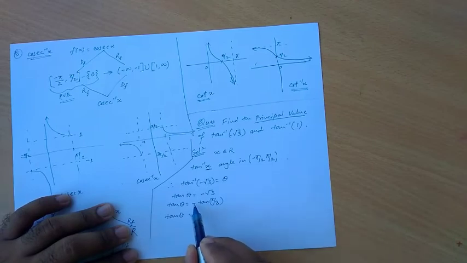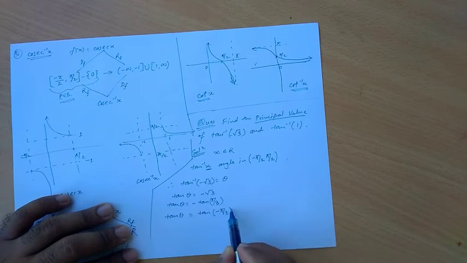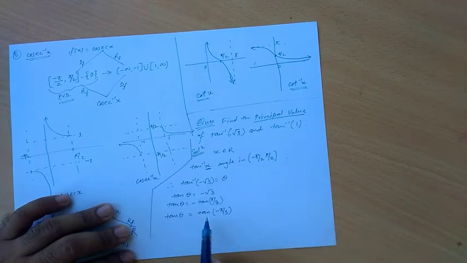If I take this minus sign inside, we can write tan of -pi/3 as the value. So if we have tan equals tan, the arguments are equal.